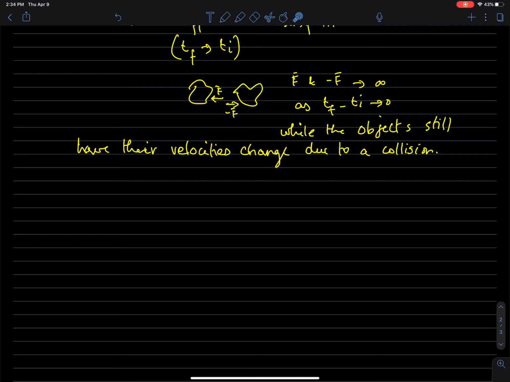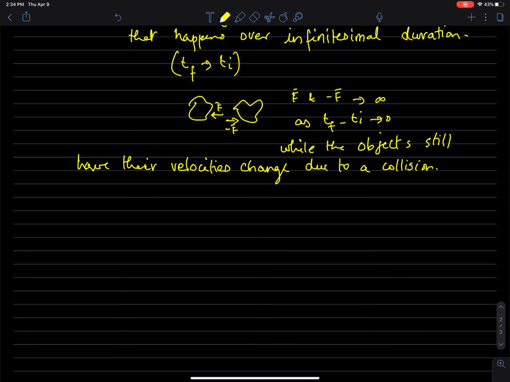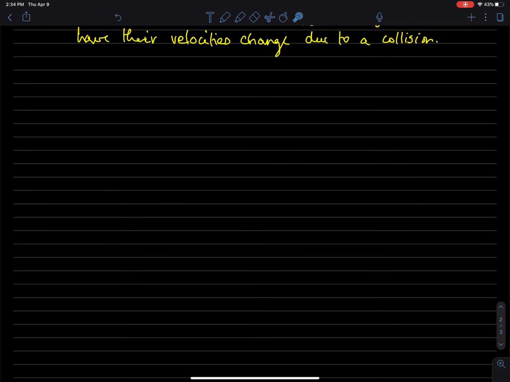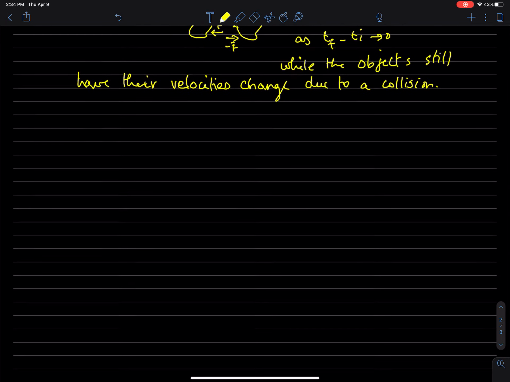These collision forces are generally considered infinite. The forces of interaction during the collision are infinite, but external forces like gravity or air drag on these objects may still be finite. So linear momentum may be conserved for the whole system, but clearly not for individual objects.